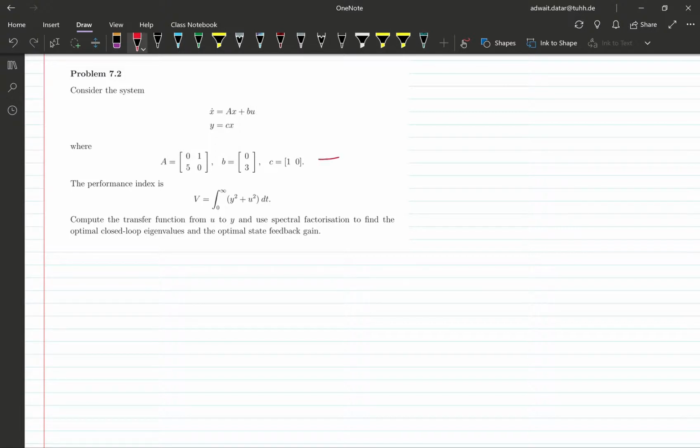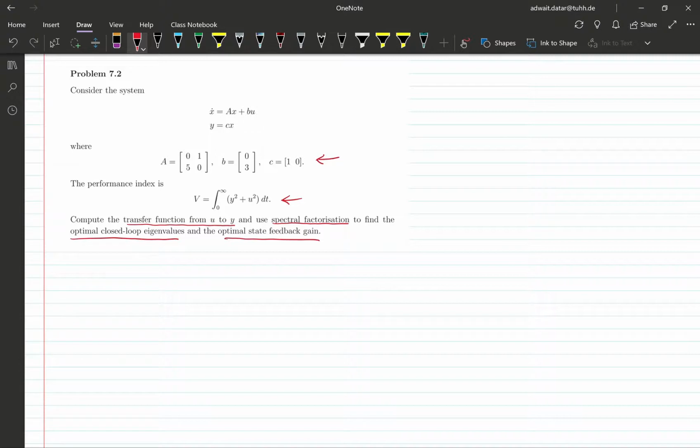We are given model matrices A, B, and C, and an infinite horizon LQ cost. Now we're asked to first compute the transfer function from u to y and then use it and the spectral factorization to find the optimal closed loop eigenvalues and the optimal state feedback gain.